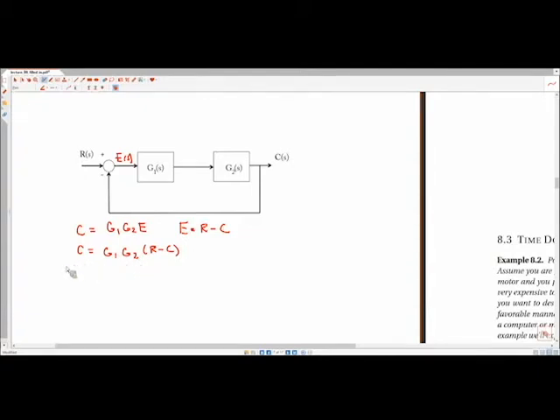That gives me C times 1 plus G1, G2 is equal to G1, G2, R. And then if I want to know the transfer function, C over R, it's going to be G1, G2 over 1 plus G1, G2.